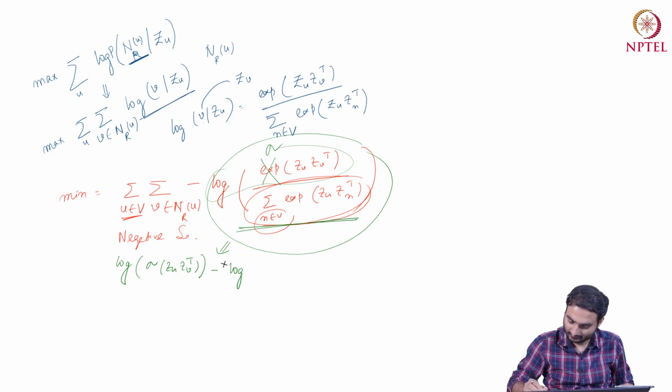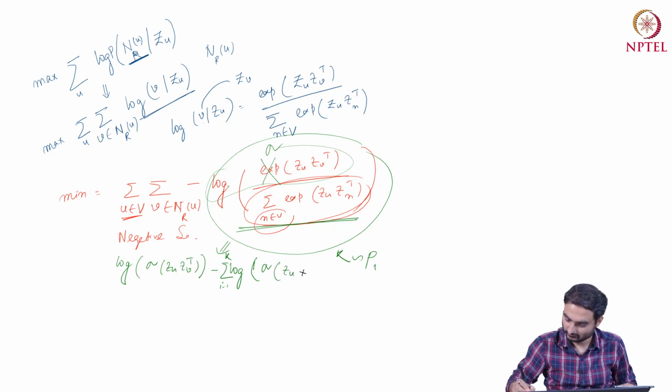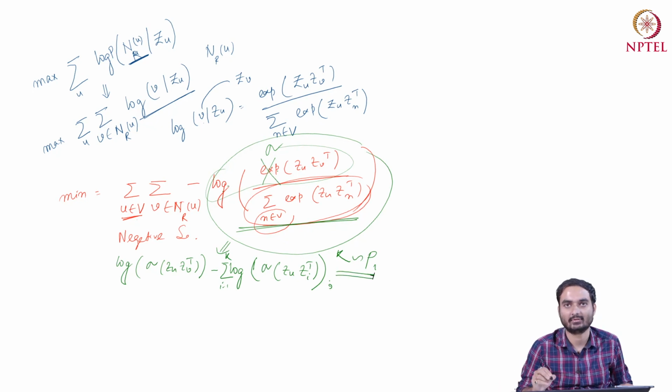log of... I sample k such nodes from the distribution P_V. Now I run this over all such k, log of sigmoid Z_i transpose, where I sample k such negative samples.